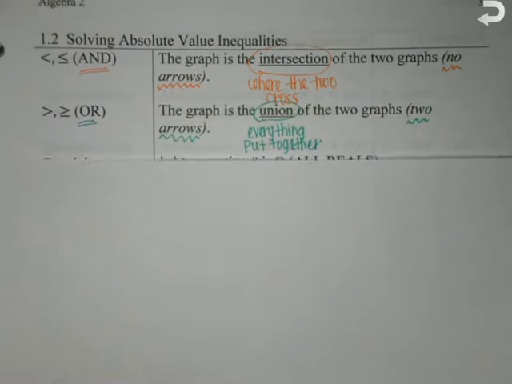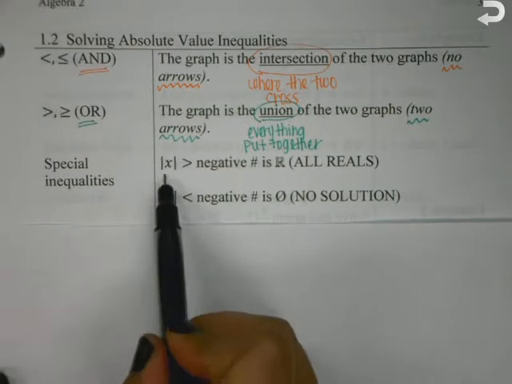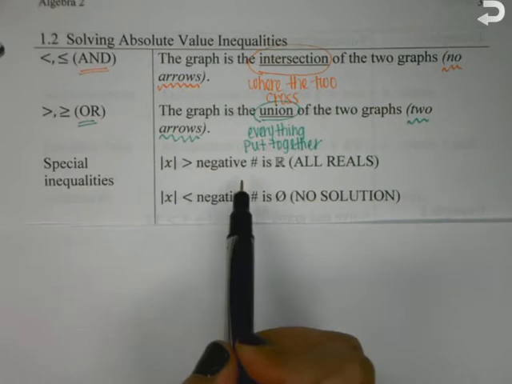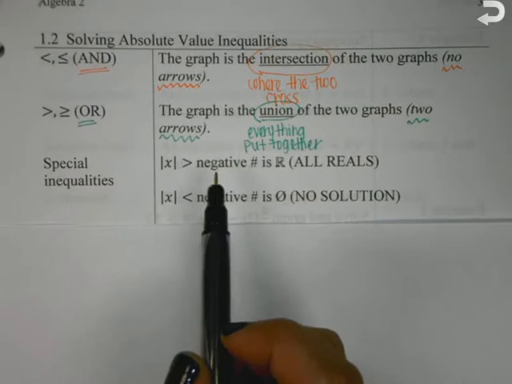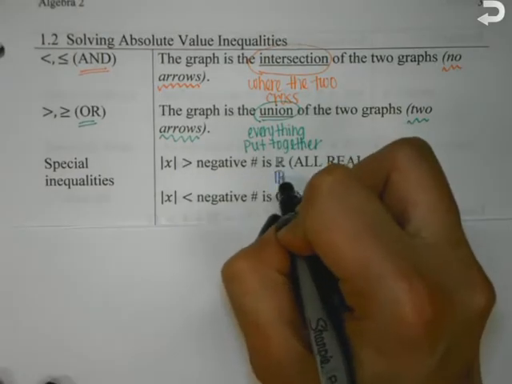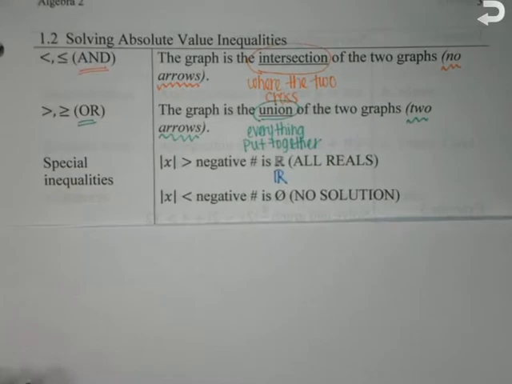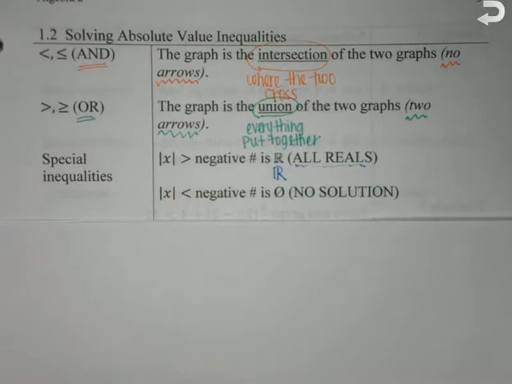Okay, we do have two special inequalities that we have to pay attention to. Negatives with inequalities are a little bit different. If you have an absolute value greater than a negative, your answer is actually all real numbers, which means all numbers that exist. The way you make that symbol is two lines and then make an R out of them. Or you could just write all real numbers if you really wanted to. But the symbol is sometimes easier.